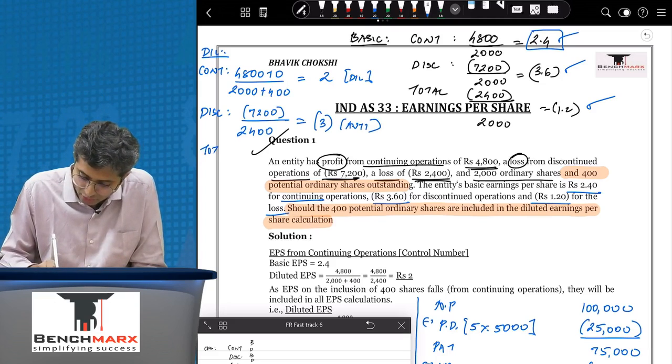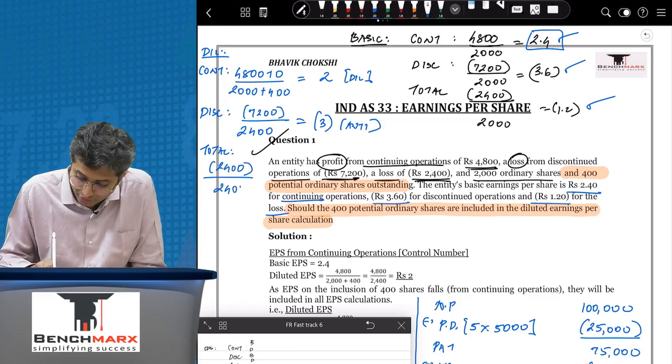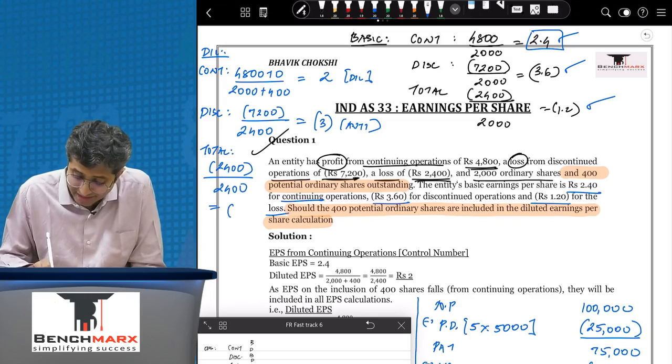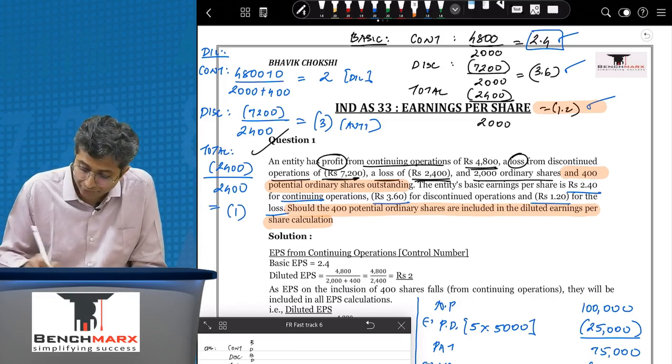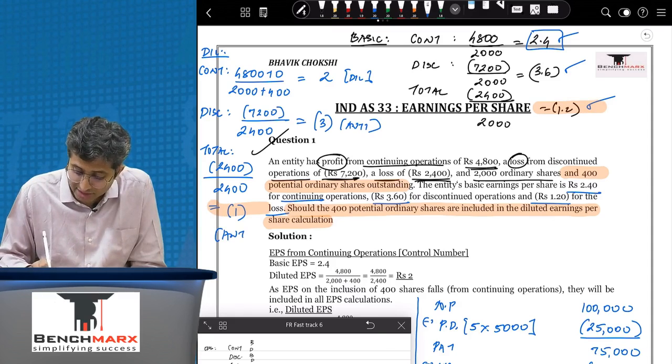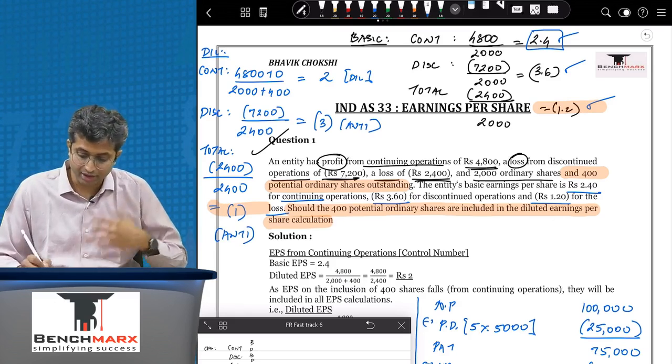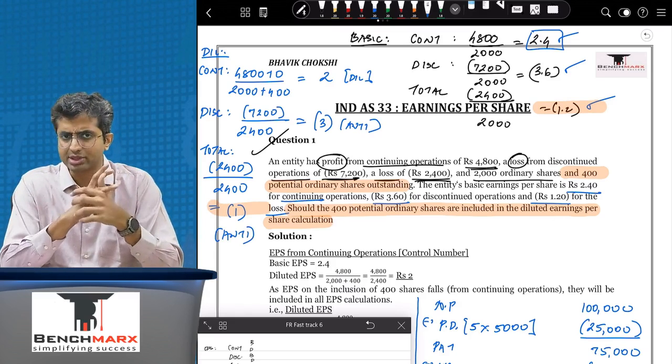Similarly, if I look at the total operation, let us say you have a negative 2,400. If I also include the potential equity shares, this is divided by 2,400, and hence this is negative 1, which means there's a reduction of loss, and hence technically this is anti-dilutive, and this is the reason for the conflict. You have to report 3 EPS numbers.